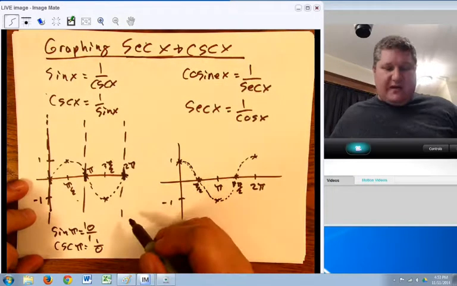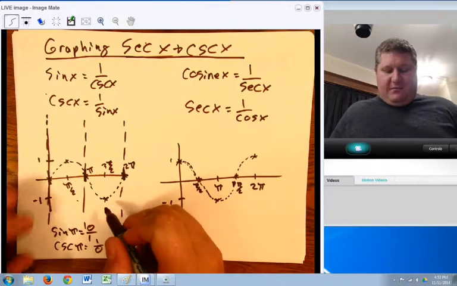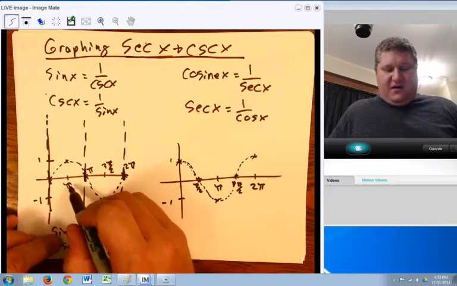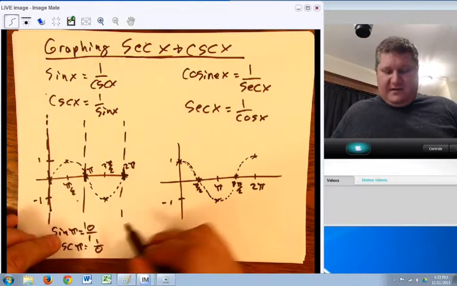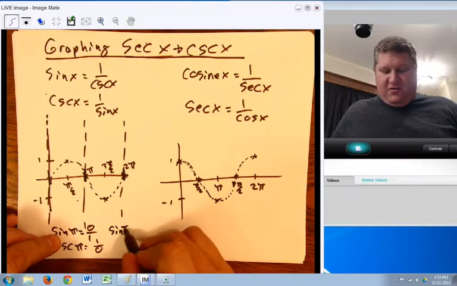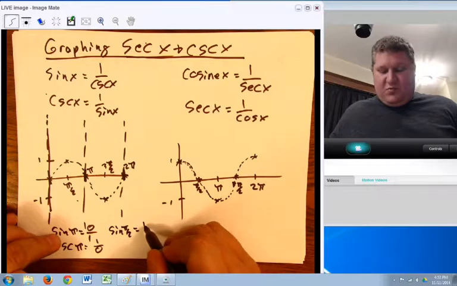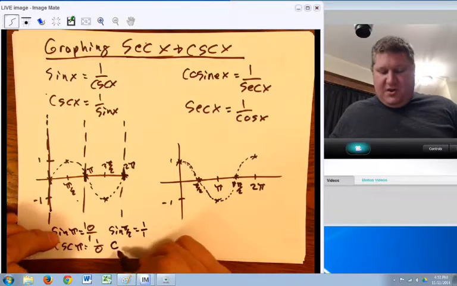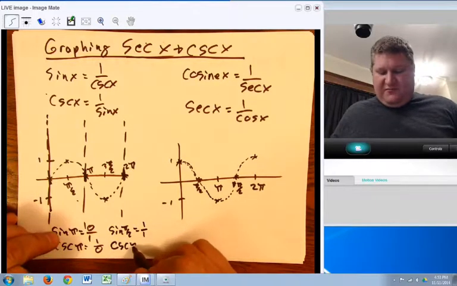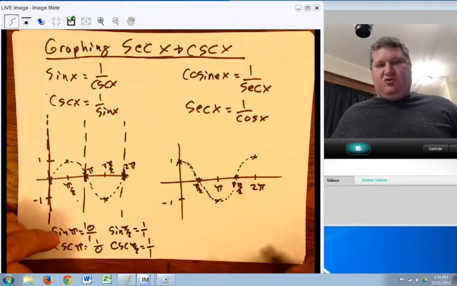Same thing. And where we had sine of 90, sine of pi over 2, it was opposite 1, hypotenuse 1. Cosecant of pi over 2 is also 1 over 1, hypotenuse over opposite.